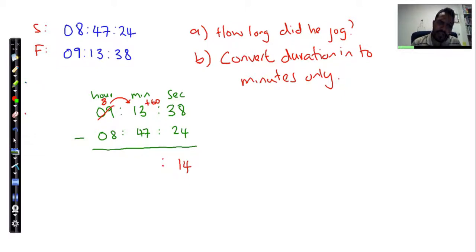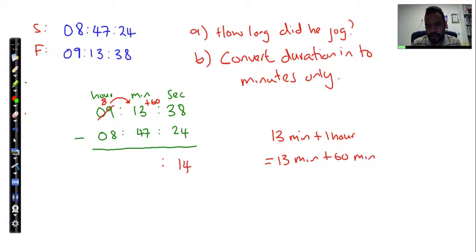Now you have to be very careful because I'm now left with 73 minutes, right? Or rather, it would have been 13 minutes plus 1 hour, and I've transferred 1 hour. That's going to be 13 minutes plus 60 minutes, which then gives me 73 minutes. Okay? That's what I'm talking about there. Then I take the 73 minutes and I'm going to minus 47 minutes.